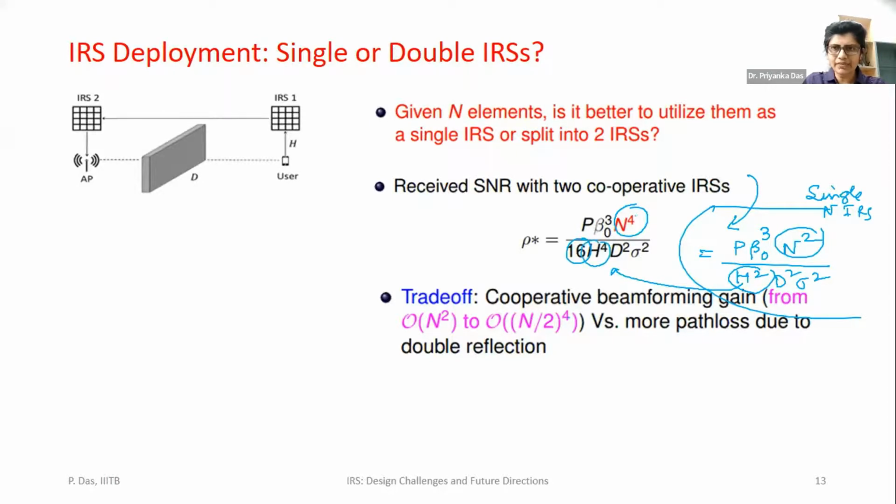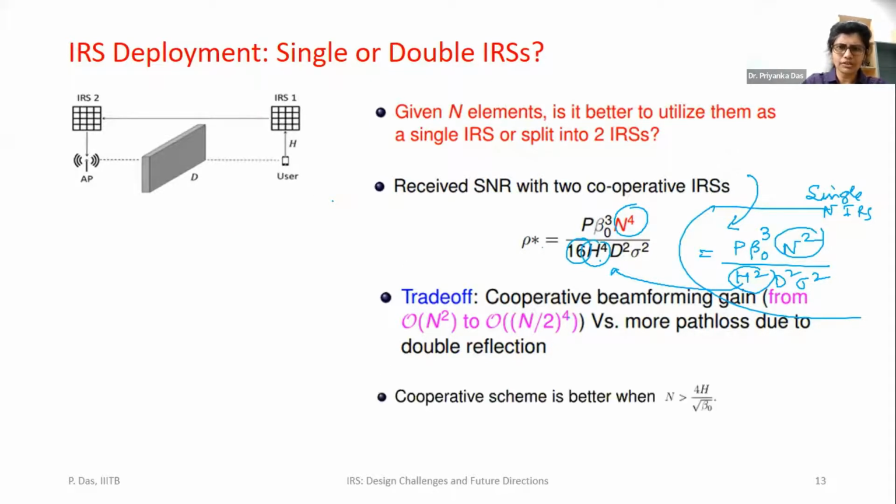So I get a benefit here, but I get a hit here, because h square is coming up, and it is a product distance, so it will reduce your SNR. But N to the power 4 tries to improve your SNR, so I get a trade-off. The third suitable question is, what will be your criteria to choose scenario 1 versus scenario 2.